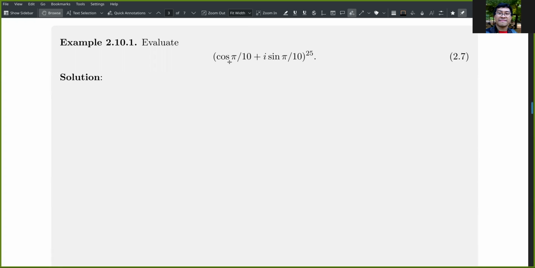Example, we want to evaluate (cosine pi over 10 plus i sine pi over 10) to the power of 25.